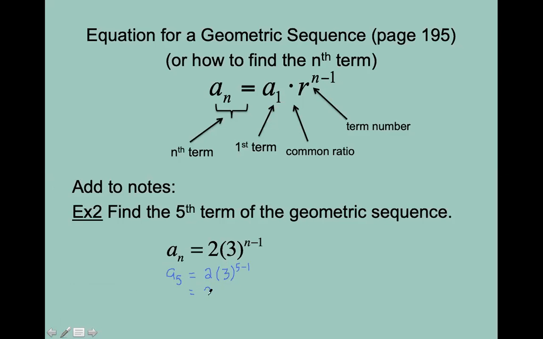Remember, we're going to deal with those exponents first. So 5 minus 1 is 4. Exponents come before multiplication with order of operations. So 3 to the 4th power is 3 times 3 is 9 times 3 is 27 times 3 is 81. So our fifth term is 2 times 81, which is 162.